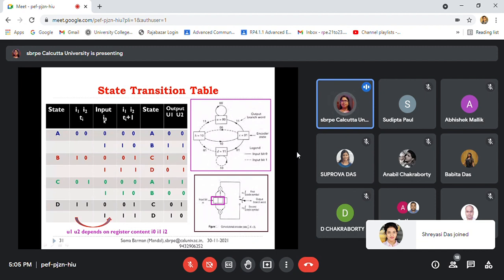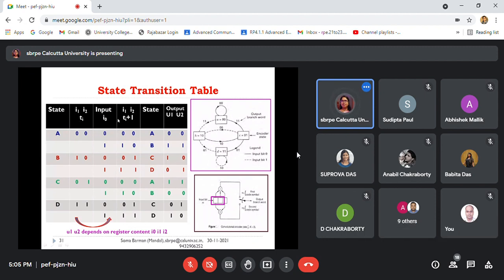So I0 will be shifted to the position of I1, so 1, and I1 is shifted to the position of I2 in the next time instant. Obviously it will be 0, as previously it was 0, so next it is 0 and this is coming to the place here.